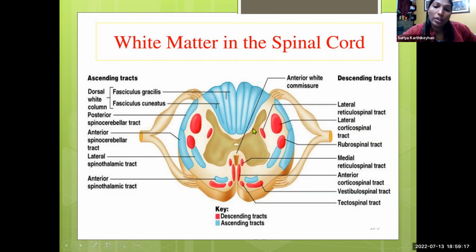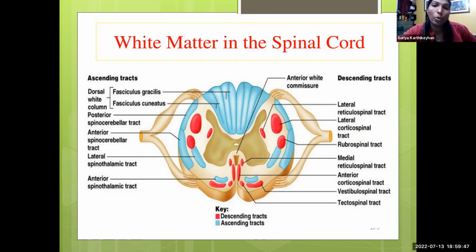When I was talking about the gray matter and the nucleus, the motor efferents are from the anterior side, and from the posterior aspect, it is the sensory information relaying there. What are the functions of all these tracts? The ascending tracts carry the information from the periphery, and it reaches the primary sensory area in the cerebral cortex.